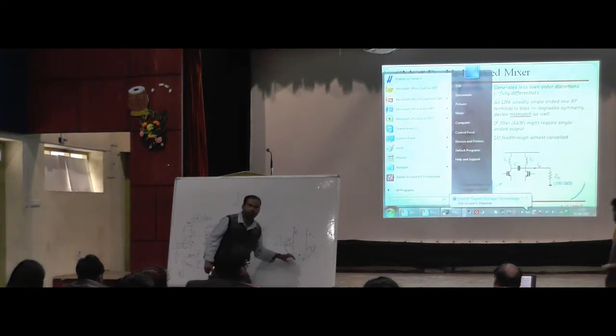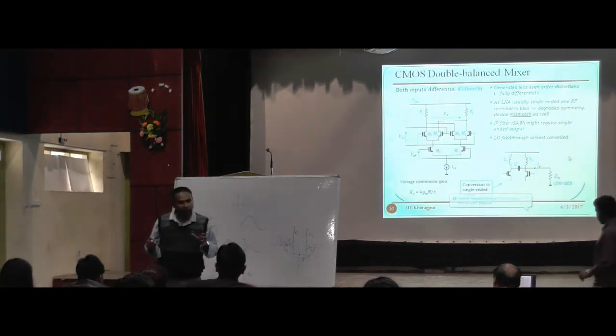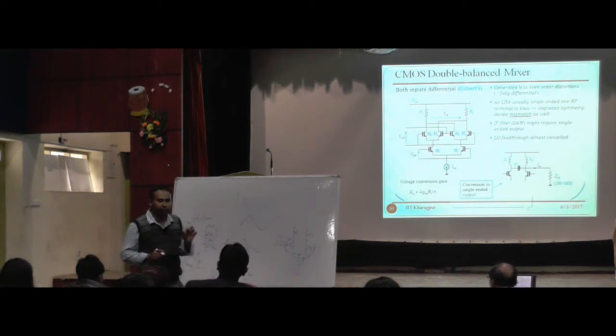But the current source is a stubborn guy. It's very dangerous. It doesn't allow even a 1% increment of any extra amount of current. What will happen?